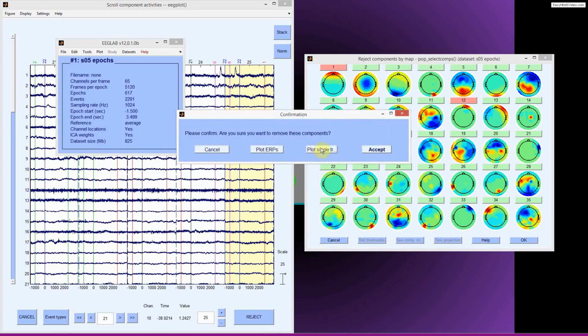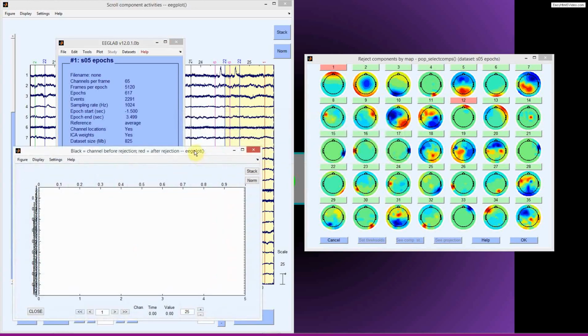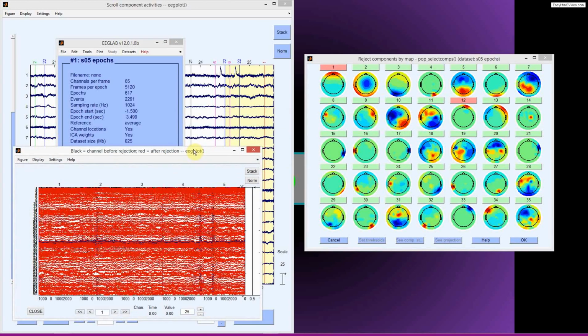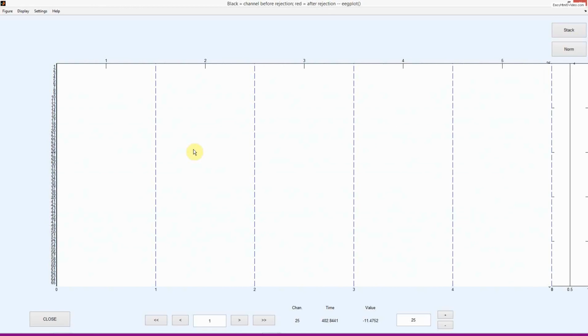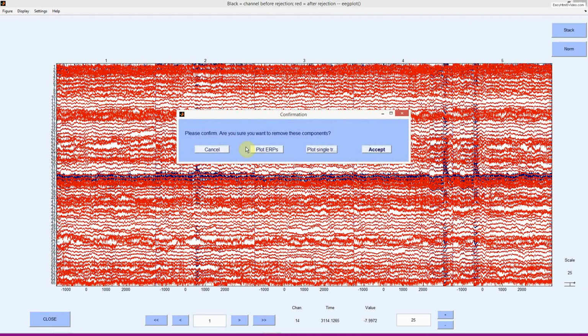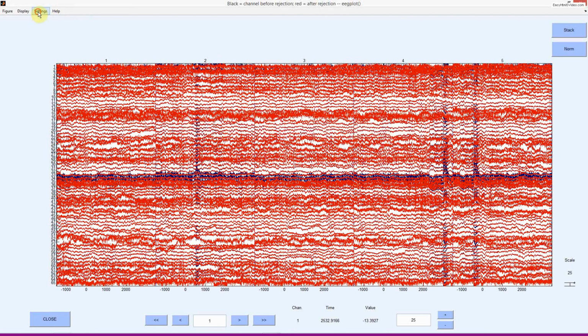And here's the part where we say plot the single trials. And now we can see the data before and after the components have been removed. So the components have not yet actually been removed from the data. This is just showing what it would be before and after.